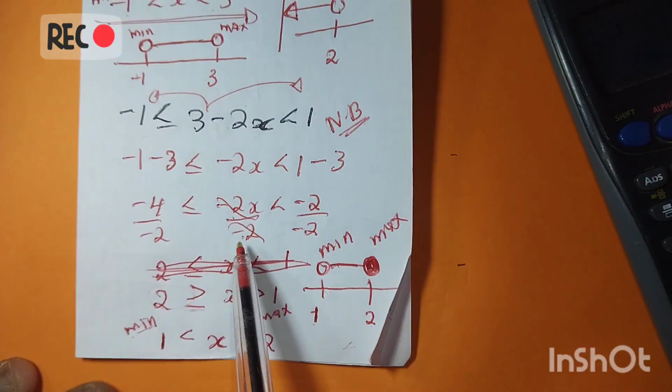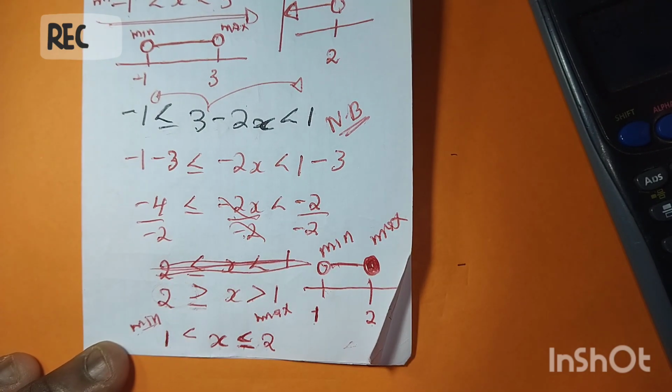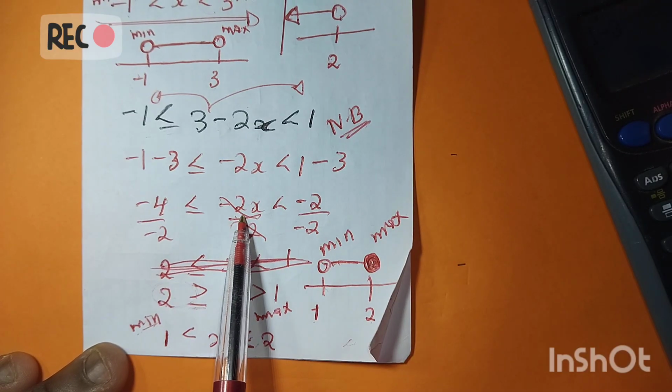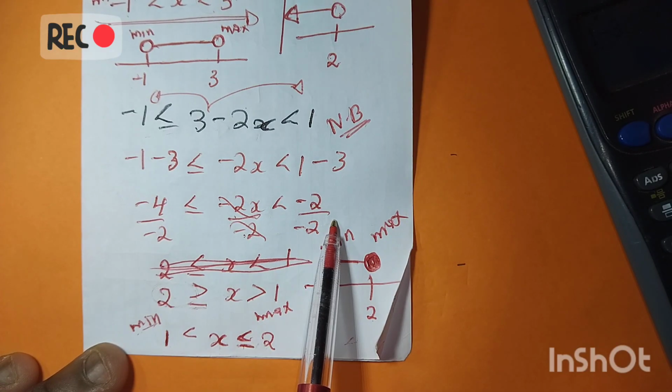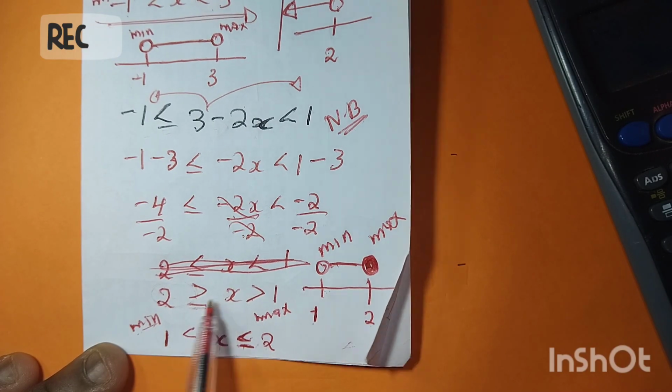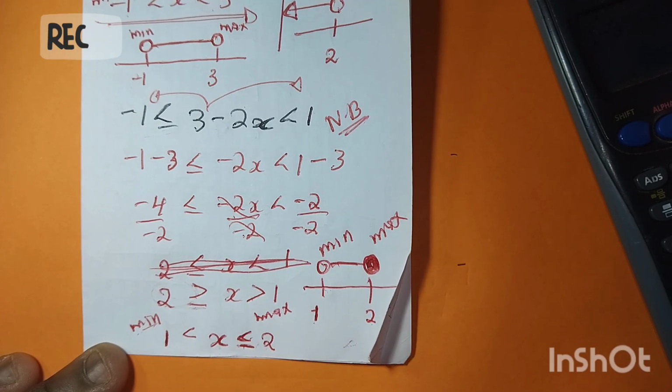So let me try to summarize what I did here, because I'm sure most of the learners didn't get what I'm saying. Here what I did, guys, what is in front of what I need, I divide by it. But because this thing is negative, the inequality sign will change direction, will point to the right hand side. Do you see?